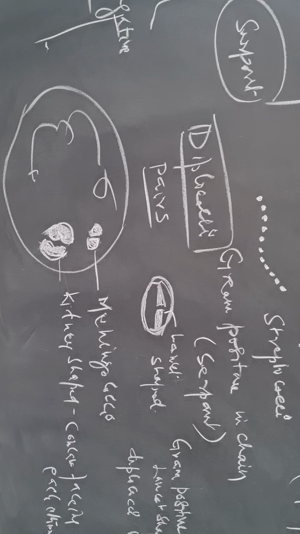This is due to deposition of immune complex on the heart wall and glomerular filtration membrane.